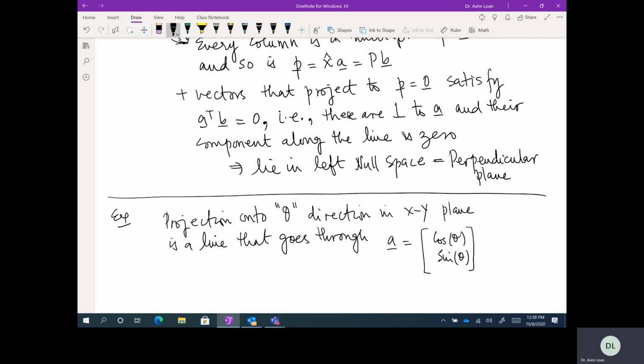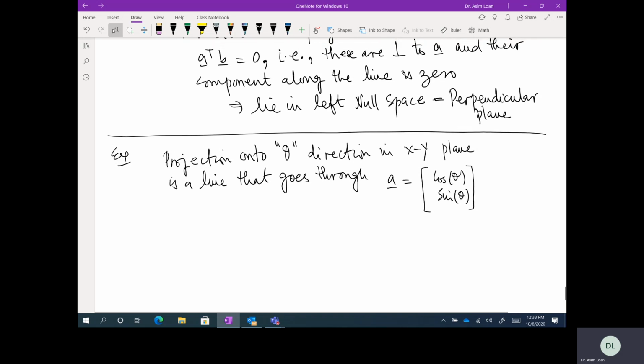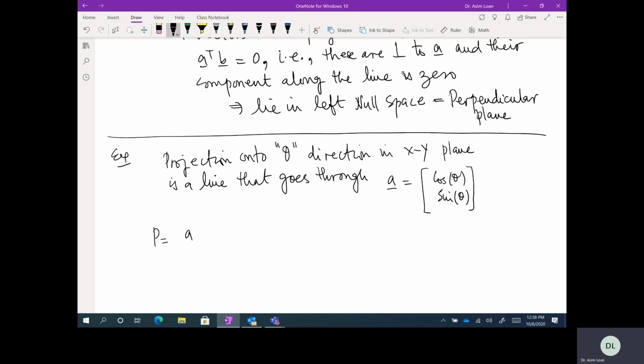This is the same as when we did the transformation, there is nothing new. So P is equal to A into A transpose over A transpose A. A transpose A is 1, where A norm squared is 1.